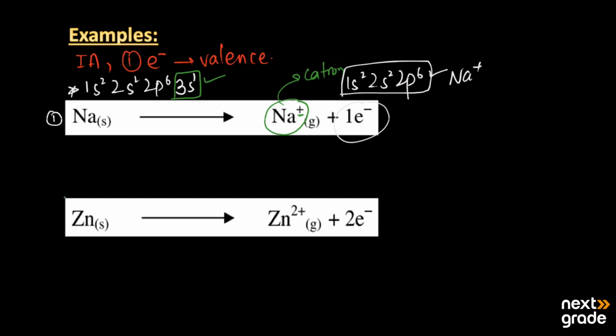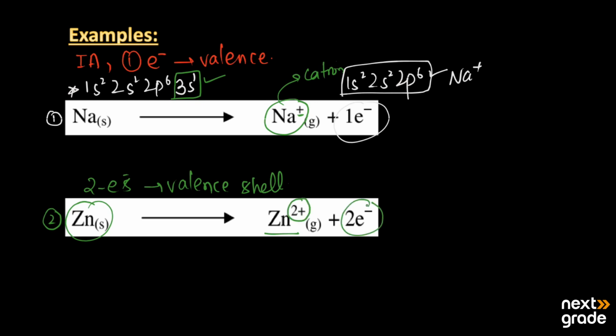The second example is zinc. Zinc contains two electrons in its outermost or valence shell, and it can lose these electrons easily. When zinc loses two electrons, it carries a charge of positive 2.